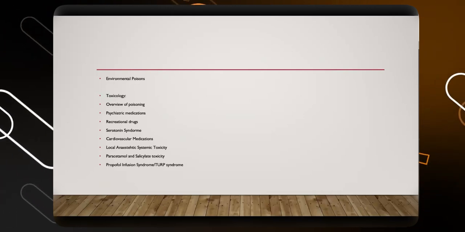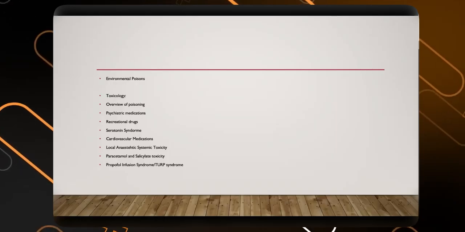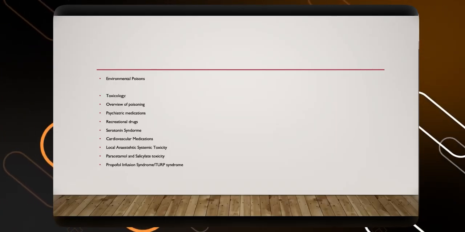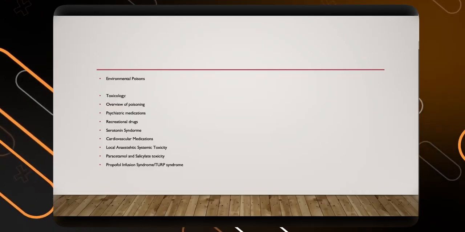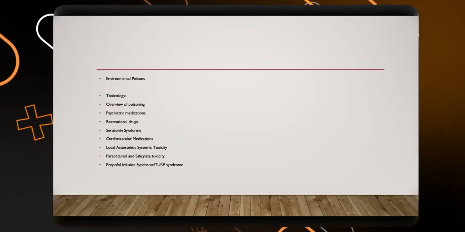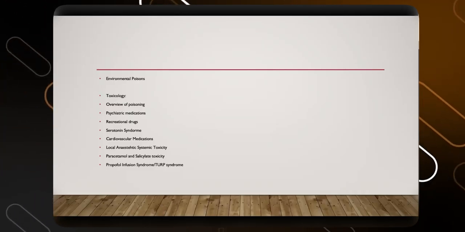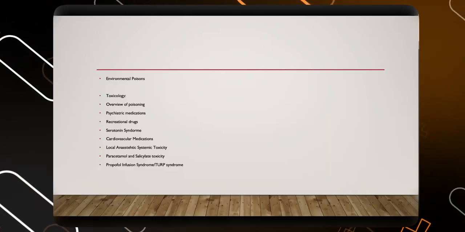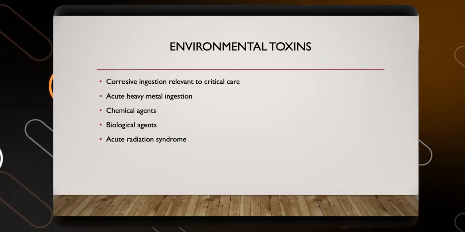And lastly, very briefly about propofol infusion syndrome and TURP syndrome. So that's the broad overall topics for the sessions, but like I said, I'm going to divide it into two classes of 45 minutes each.